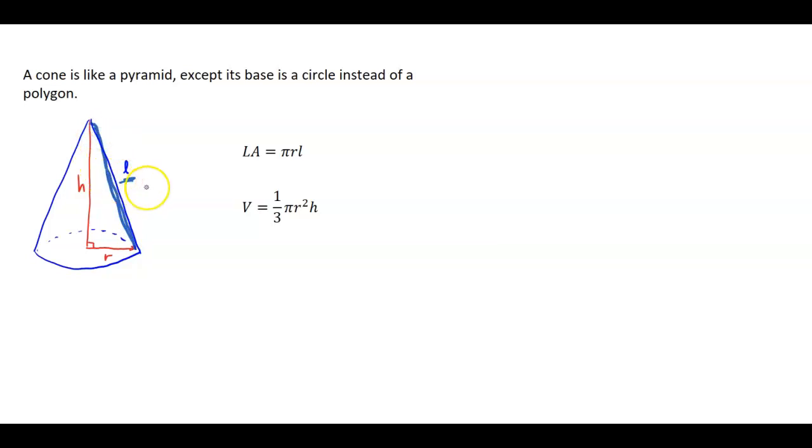You need to know the height of the cone itself, which is this height from the top of the cone straight down to the center of the base, and then you need to know the radius of the base. Now the lateral area of a cone is pi times r times the slant height, L. The volume of a cone is 1/3 pi r squared h. In other words, it's exactly 1/3 the volume of a cylinder.